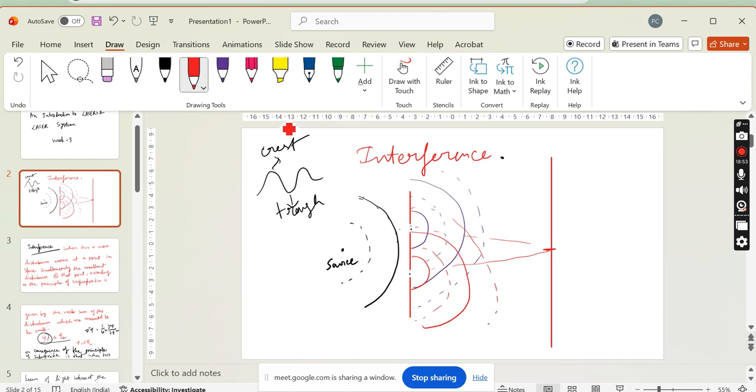And where all the troughs are matched and in line, we will get a dark spot.